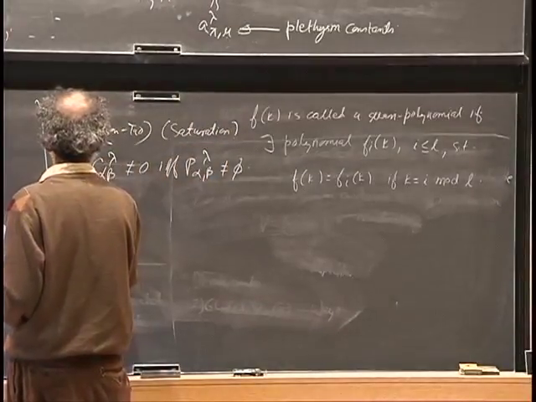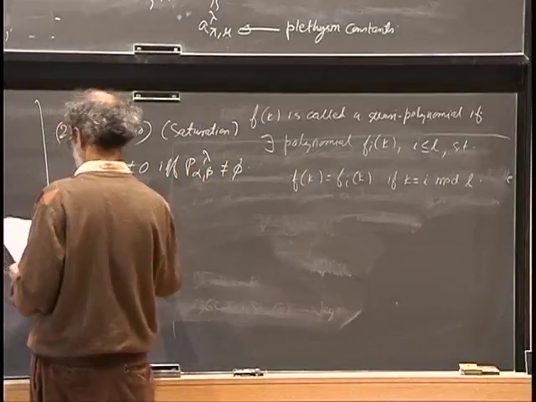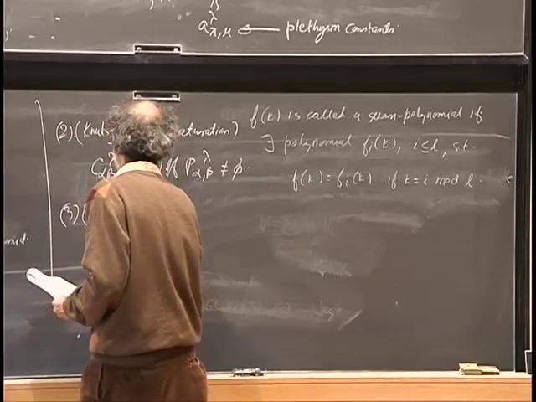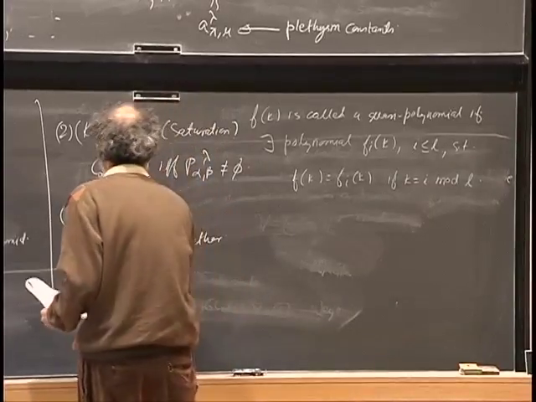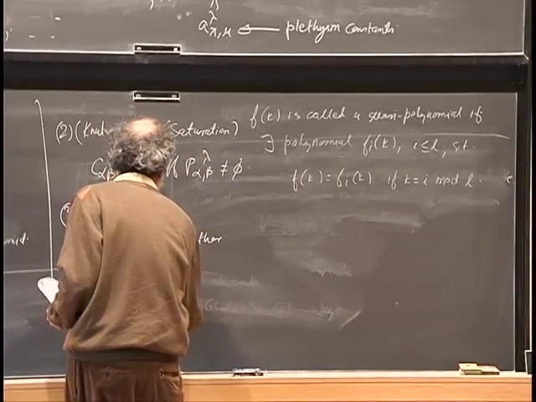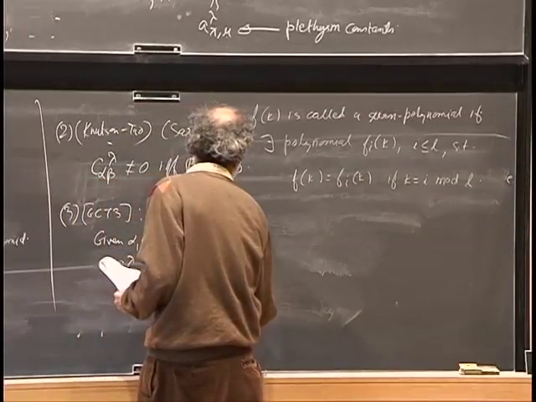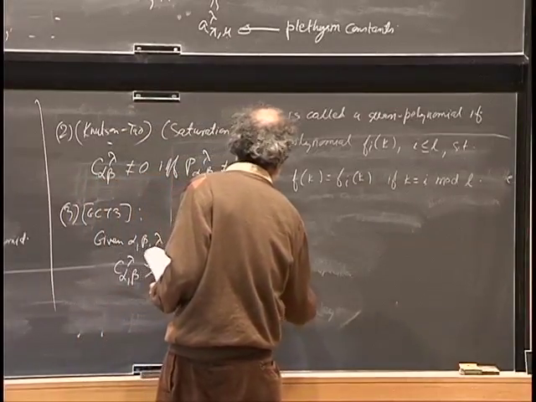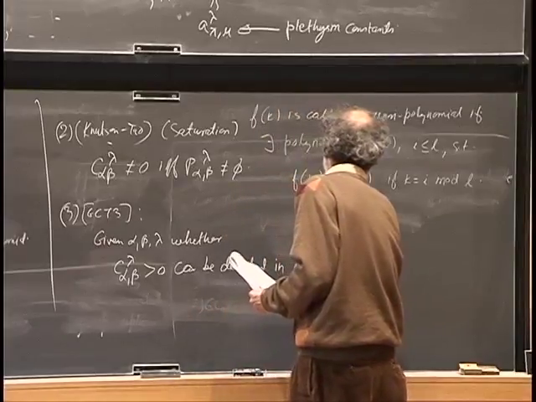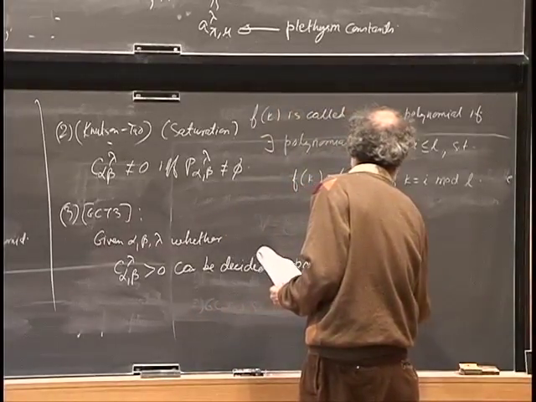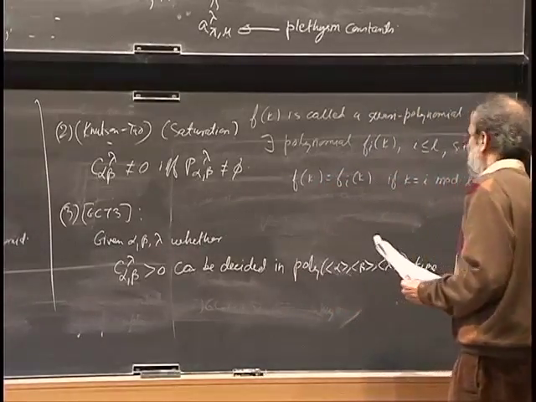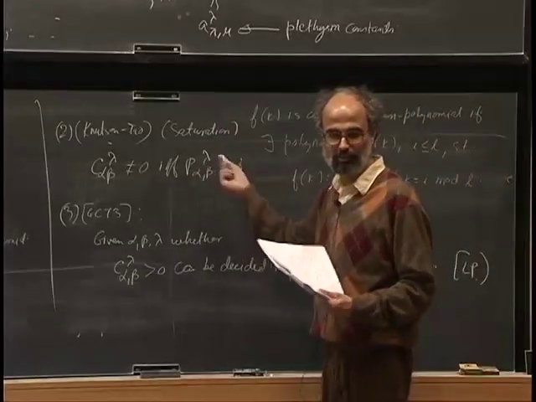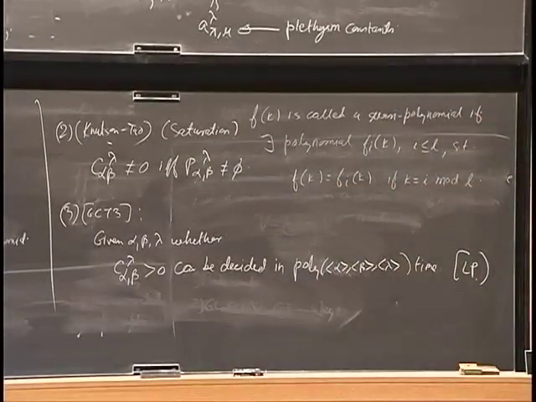And using these things, it is an easy observation that given alpha, beta, lambda, whether C alpha beta lambda is greater than 0 can be decided in time polynomial in the bit lengths of alpha, beta, lambda, and this just follows by linear programming, because once you know that, you have to just check whether this polytope is non-empty or not, and that you can do by linear programming.